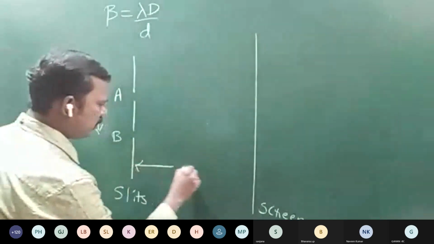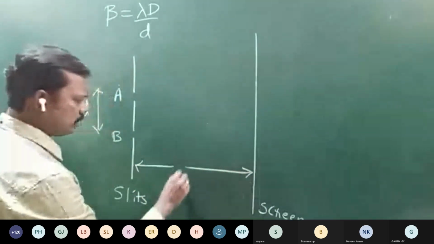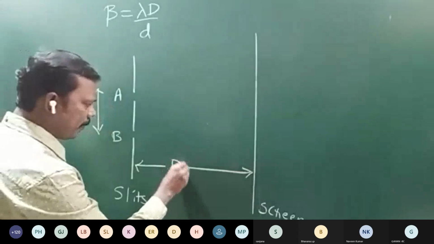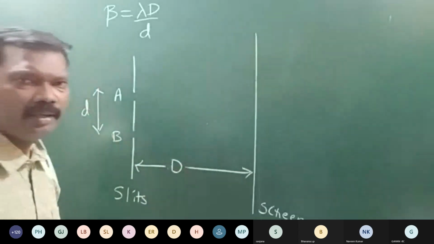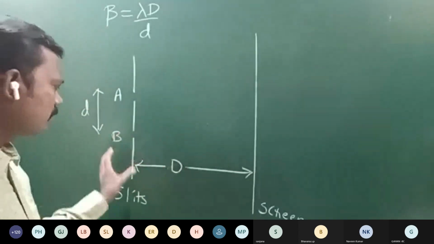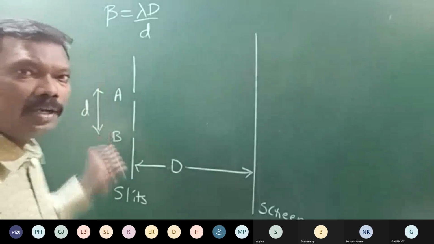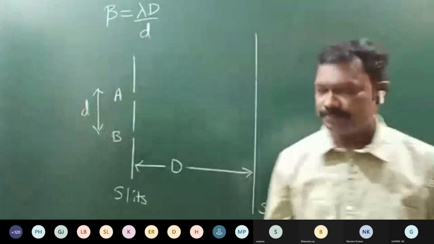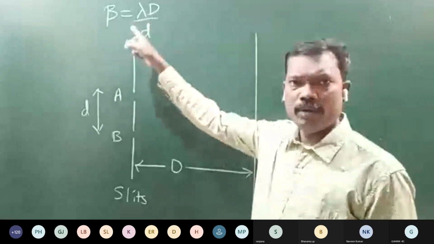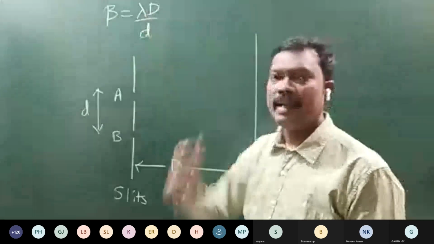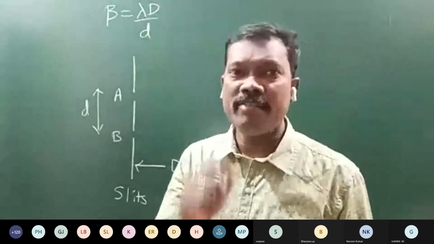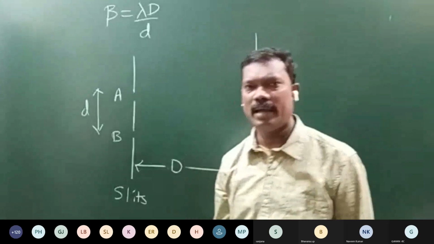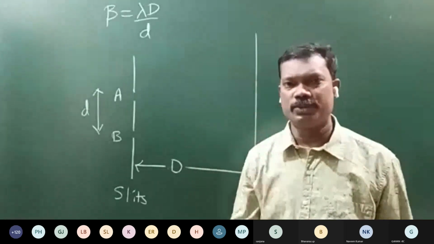The distance between the slits and the screen is indicated by capital D. So you came to know what capital D and small d are. And lambda is the wavelength of light used.